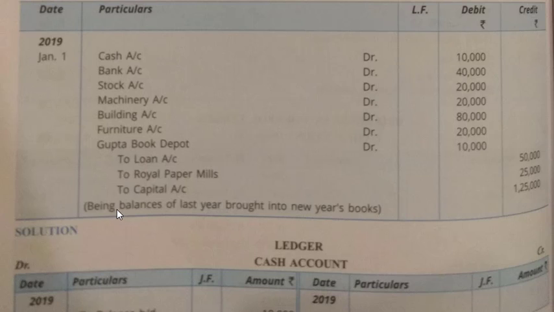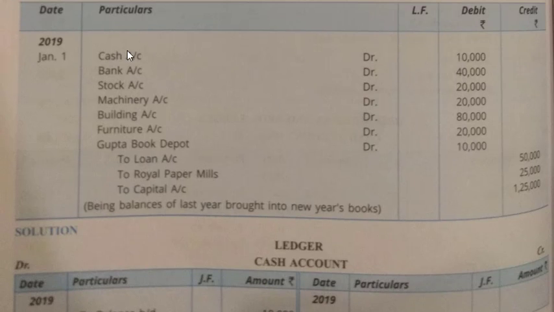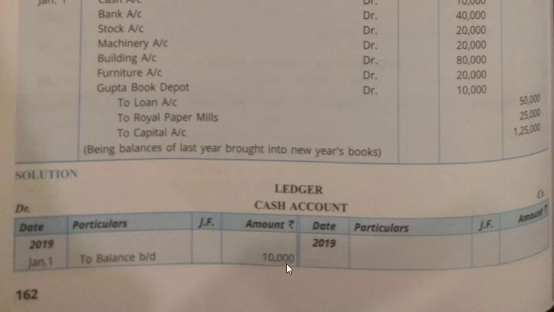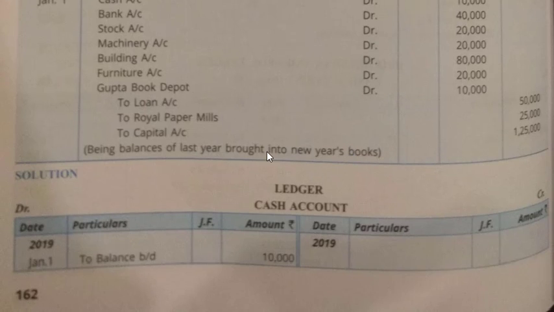Now I have to prepare the ledger. So in the ledger, how are we going to enter? For the cash account, because it is debited, we write "to balance brought down". Similarly the bank account, stock account, machinery account, building account, furniture account and Gupta Book Depot account will be debited, and for all we write "to balance brought down".